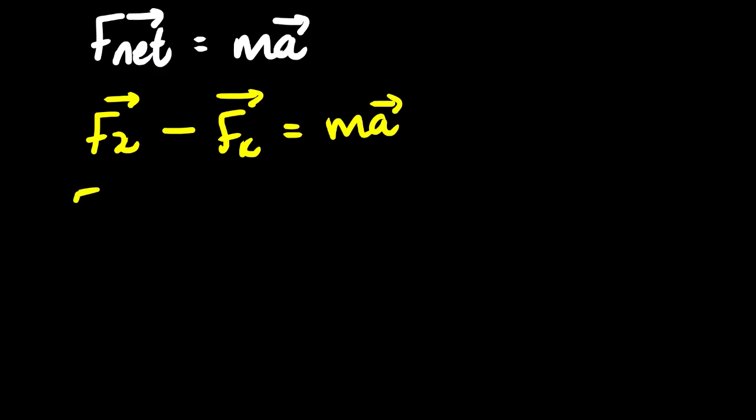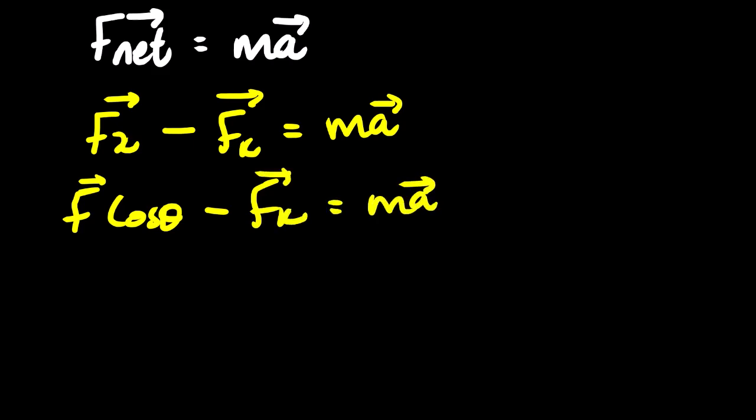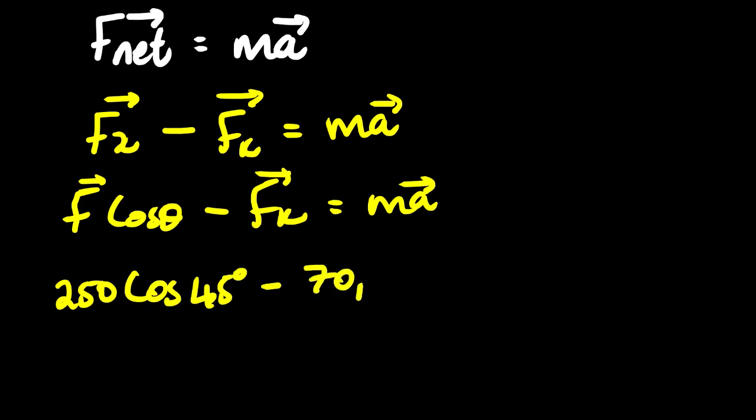Then our Fx, we said it's F cos theta, minus Fk, equals Ma. Now our force we're given as 250 cos 45 degrees, minus our Fk, we've calculated it as 70.33, equals the mass of the object, which is 30, times our acceleration.